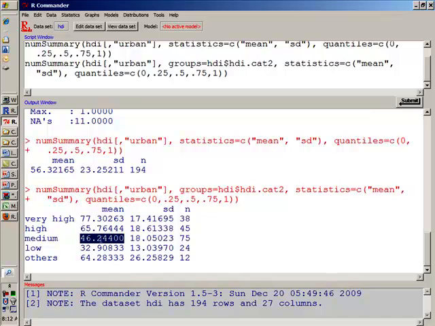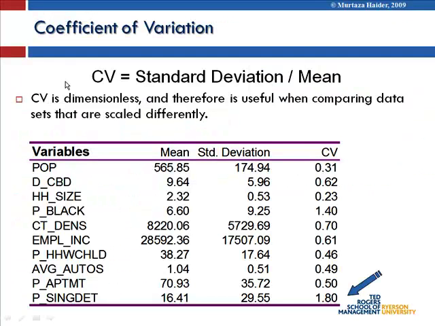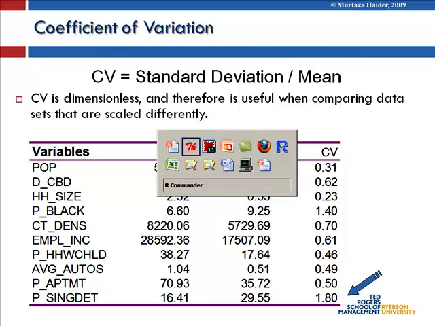Now I would like to compare these means, and also compare the standard deviations. I can actually do these calculations here. For the very highly developed countries, the standard deviation is 17.4, and to compute its coefficient of variation, I divide the standard deviation by the mean.